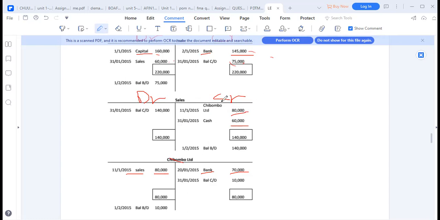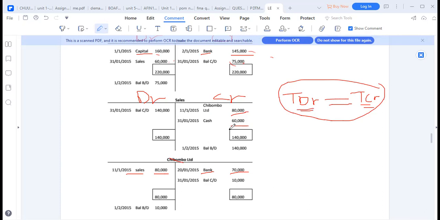So here in accounting, total debits should always equal total credits. So this is how the accounting is supposed to be. Total debits should equal total credits.